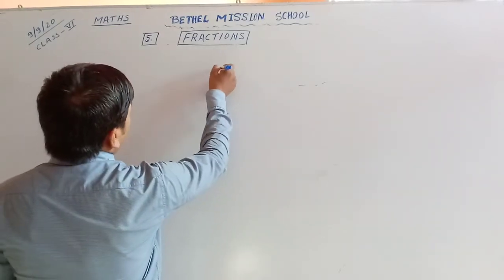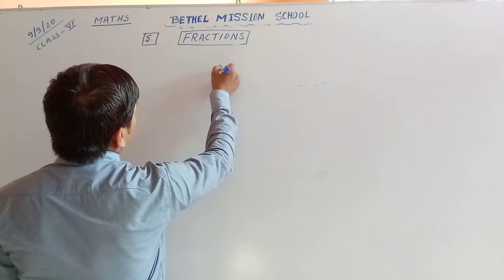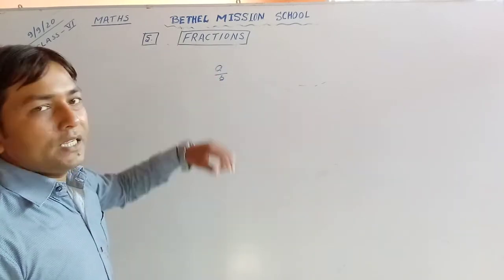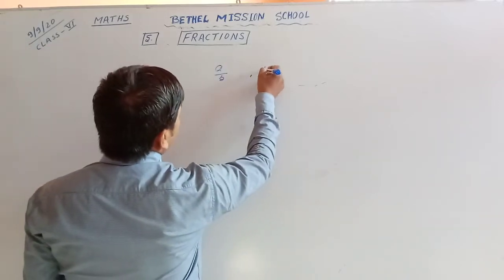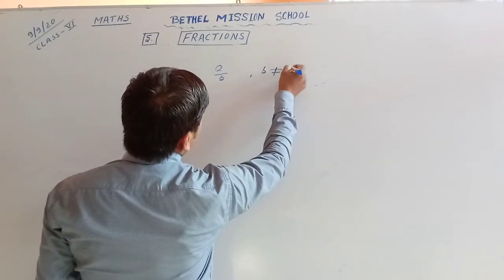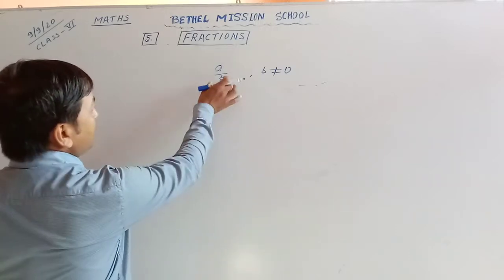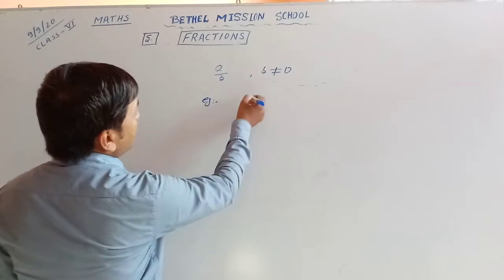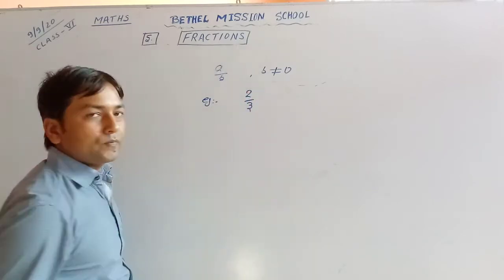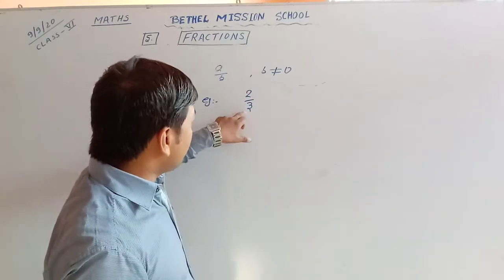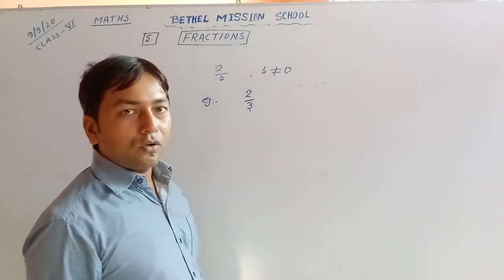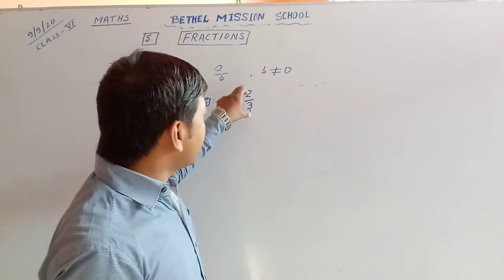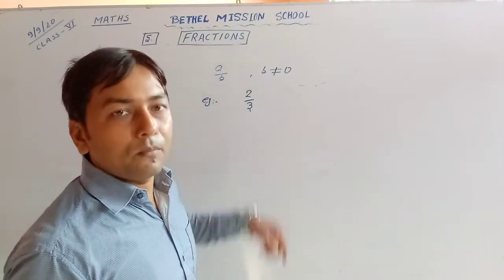If there is a number a upon b, and if b is not equal to 0, then this number is called a fraction. Suppose the example 2 upon 3. 3 is not equal to 0, that's why this is called a fractional number.